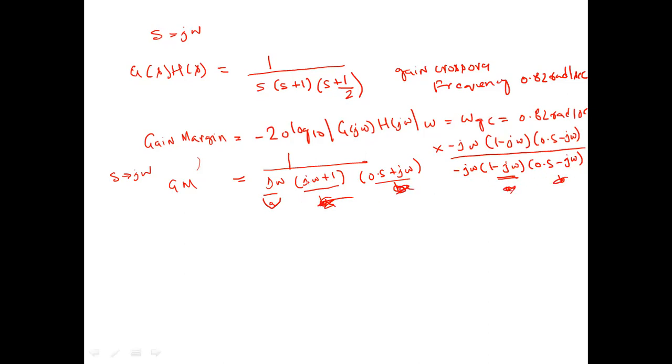This is in the form of a plus b, and this is in the form of a minus b. Same here: this is a plus b, and this is in the form of a minus b. So this will become a square minus b square. This is what rationalization would do.